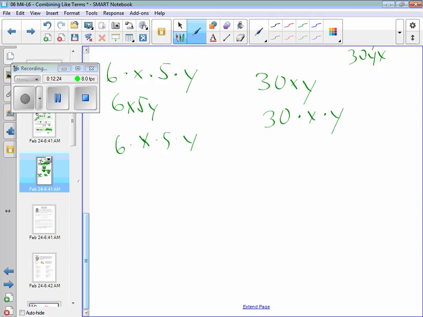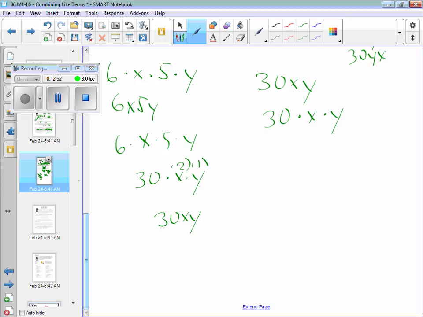So all I did was 6 times 5, times x times y. Can I do that? Yeah. You're okay with it? Still winds up being 60, right? Now all I'm going to do is rewrite it without the dots. Is that where I lose you?